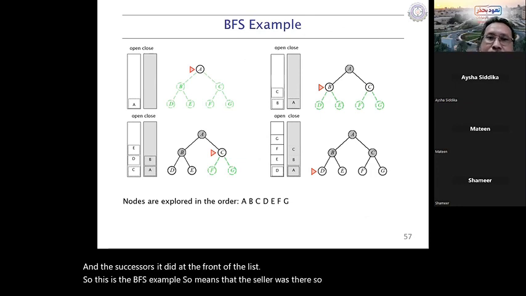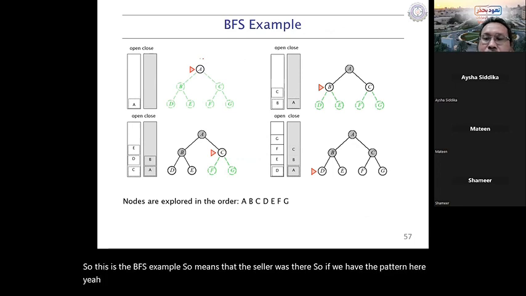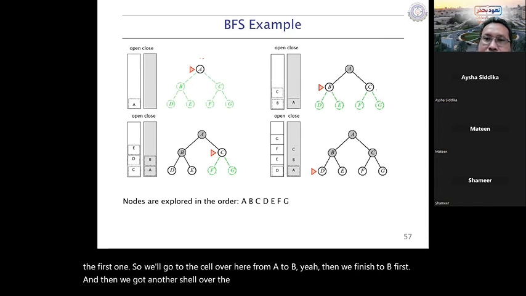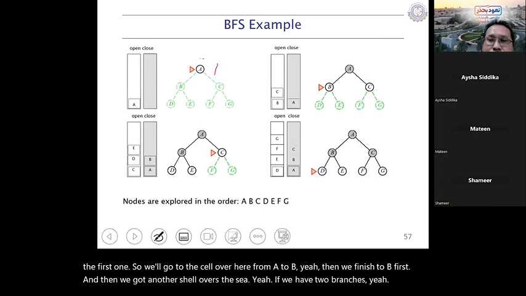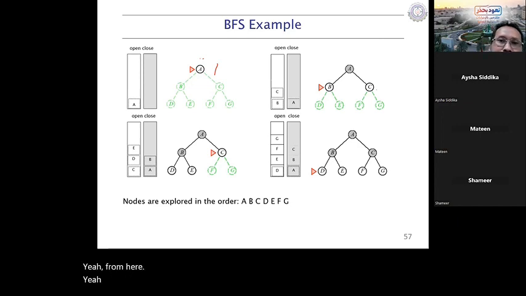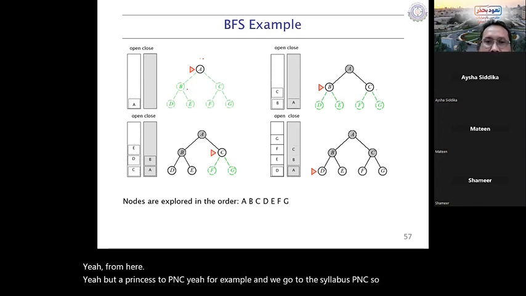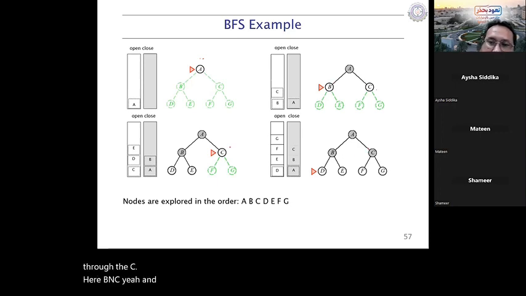If we have the parent A, from A we have two branches, B and C. We go to the shallowest, B and C. Then we go back to B, finish it, and create another two branches, D and E.